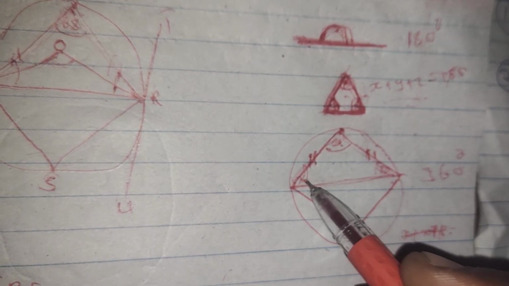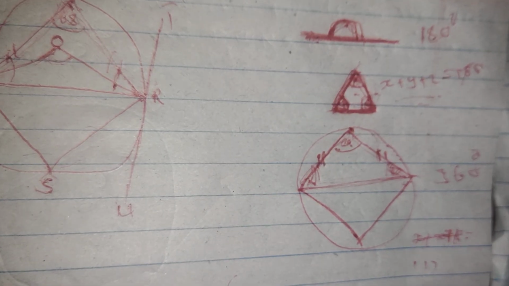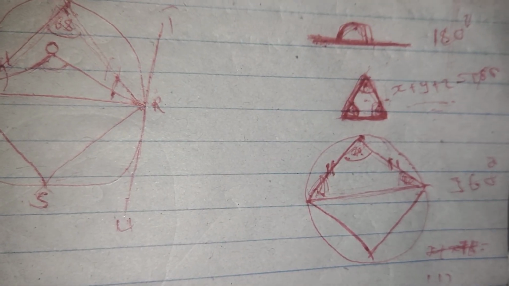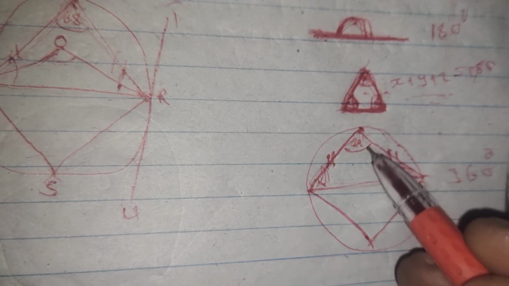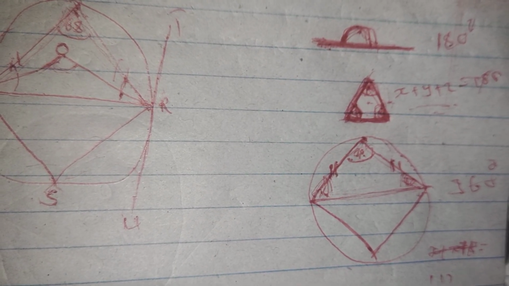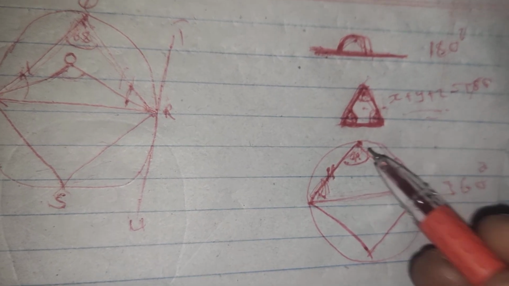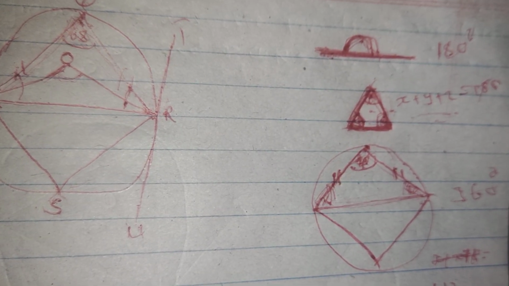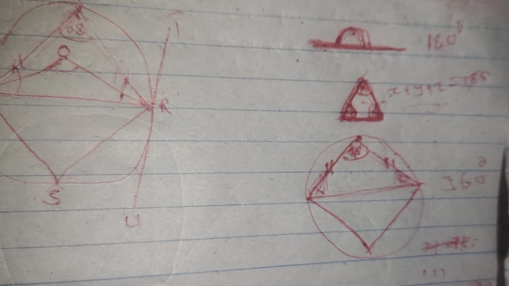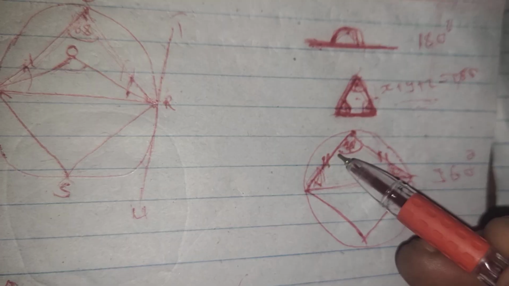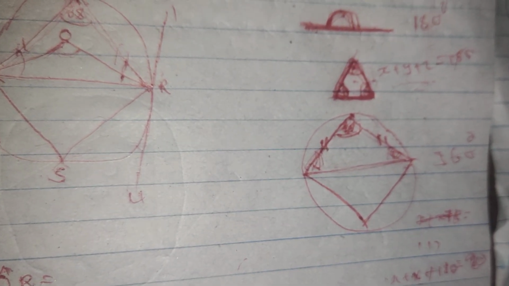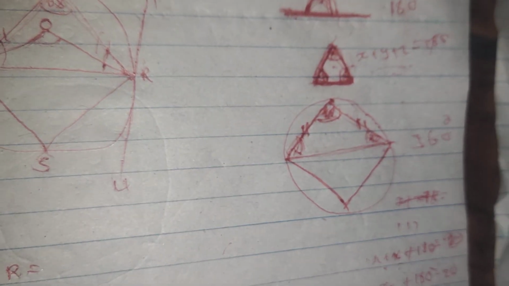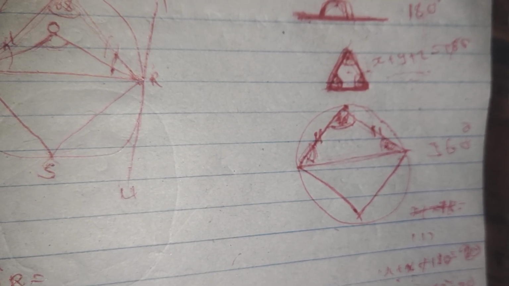So this angle we are not given, and this angle we are not given. So we say x plus x, plus the angle we are given, for example 20 degrees, equals 180. Then x plus x gives 2x, and we do like terms. 2x equals 180 minus 20.